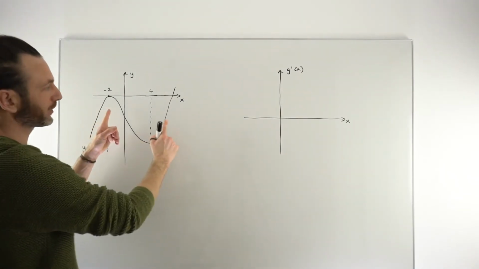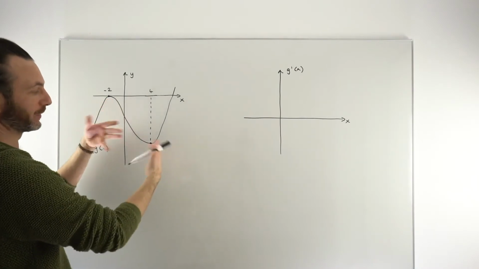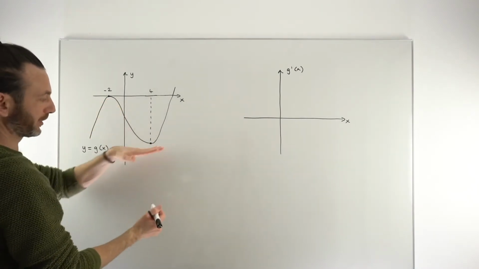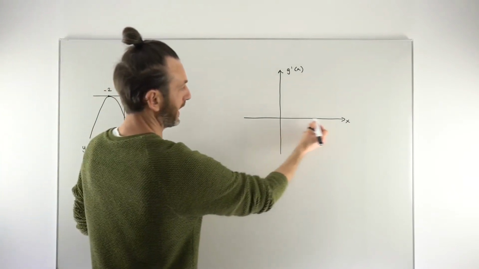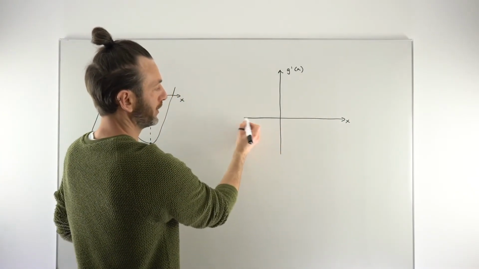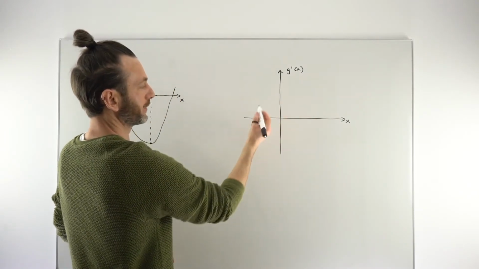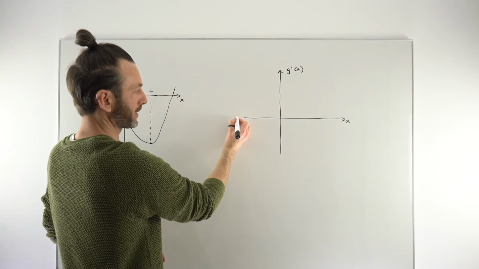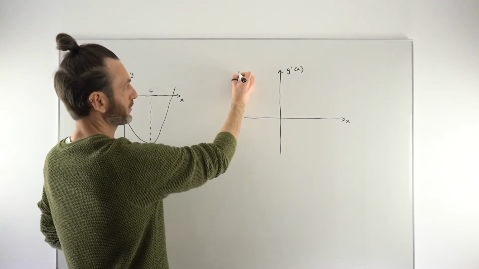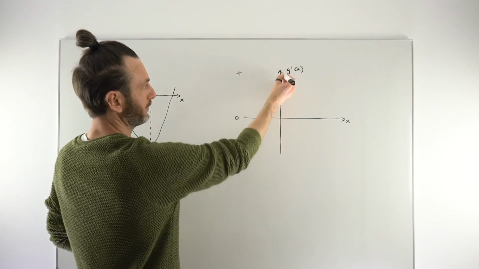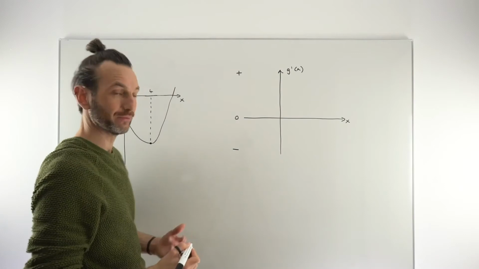Because the stationary points have got a 0 derivative, in other words, the tangent lines would go horizontal, that means that they're going to be on the x-axis here because the x-axis represents all of the 0 derivatives. So anything along the x-axis has got a 0 derivative, anything above it has got a positive derivative, so these would all be positive values. Anything below the x-axis is going to have a negative derivative.